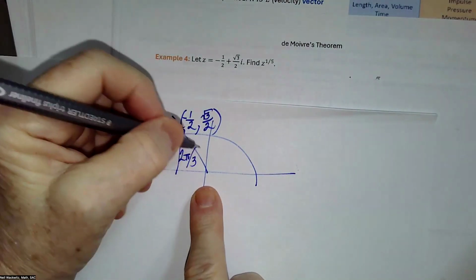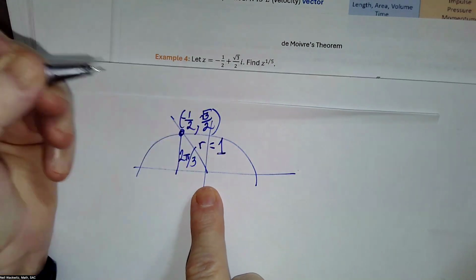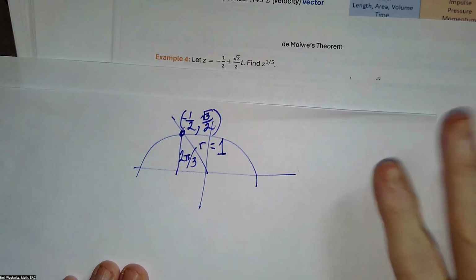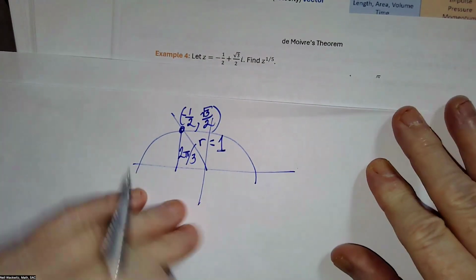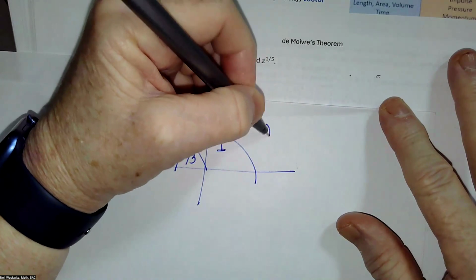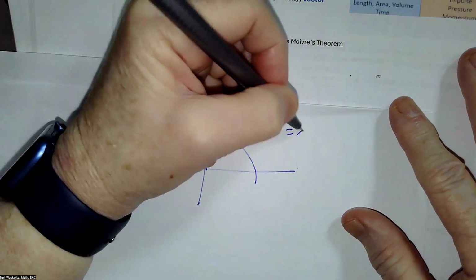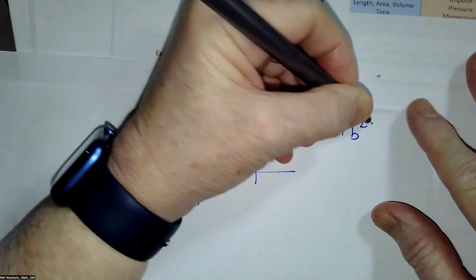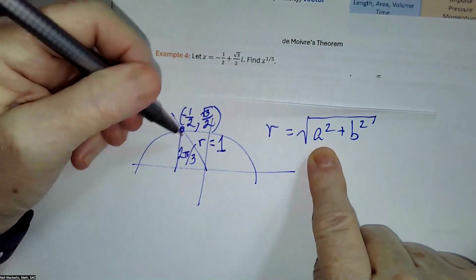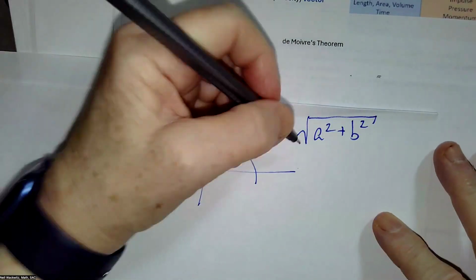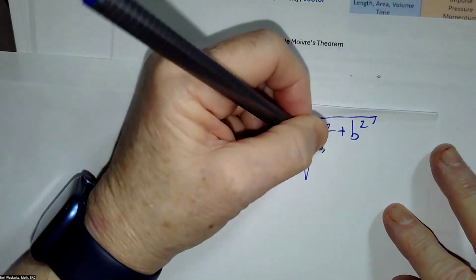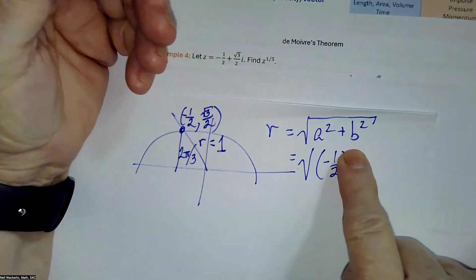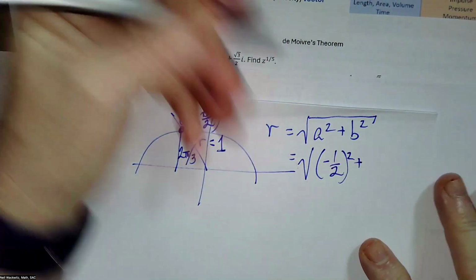So we should get r equals 1. And we should get the angle is 2 pi over 3. So let's see. r is the square root of a squared plus b squared. a is negative 1/2, and b is square root of 3 over 2.